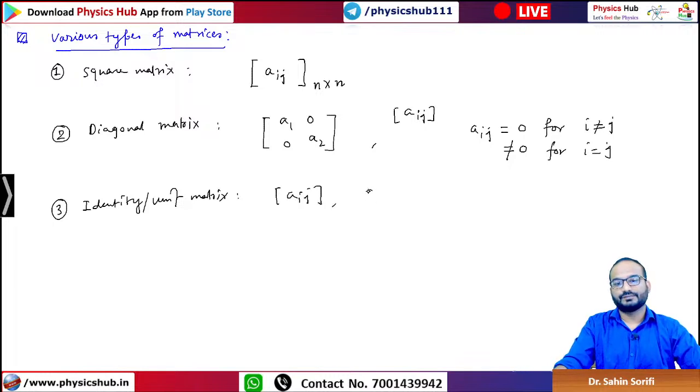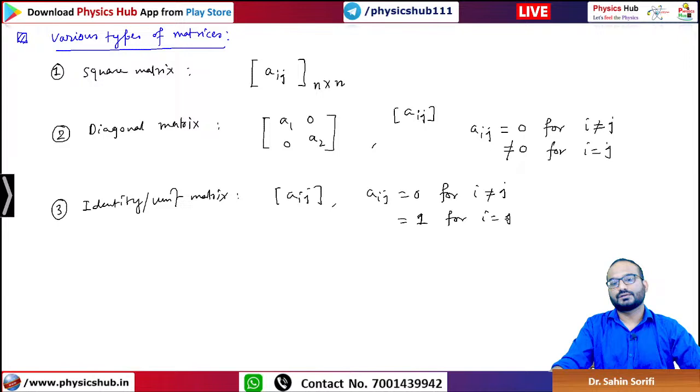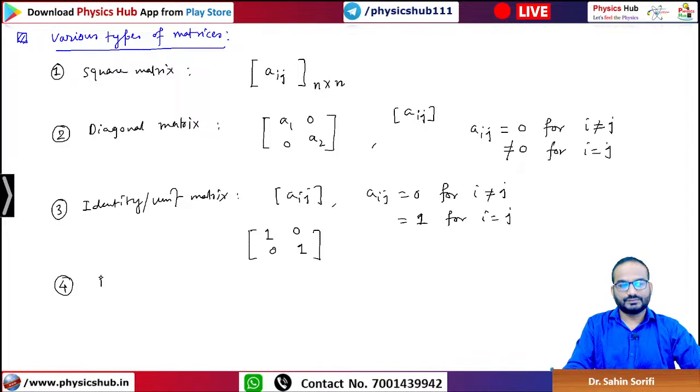Here Aij equals to 0 for i not equals to j and equals to 1 for i equals to j. So, this is a way of defining it: 1 0 0 1, or in 3 dimensions you get it. Now, this is widely used in quantum mechanics.